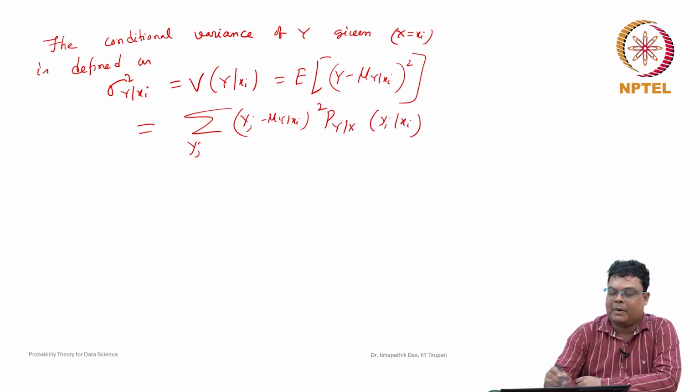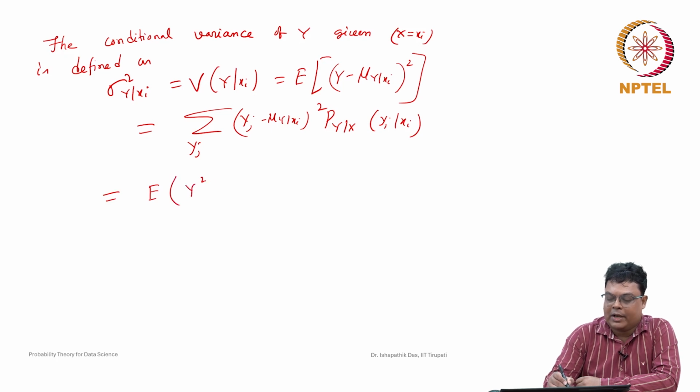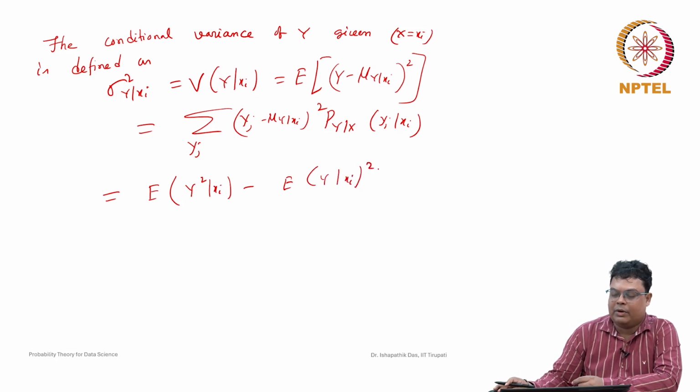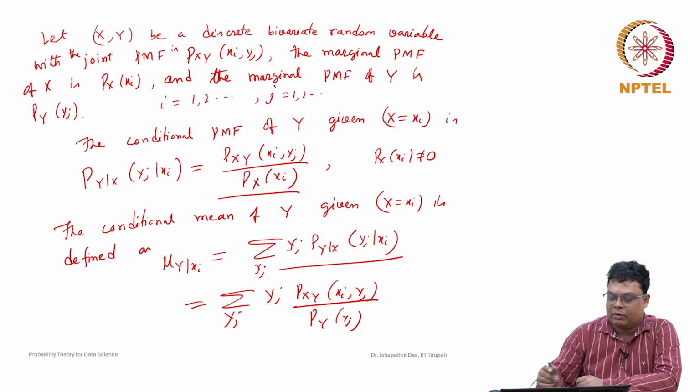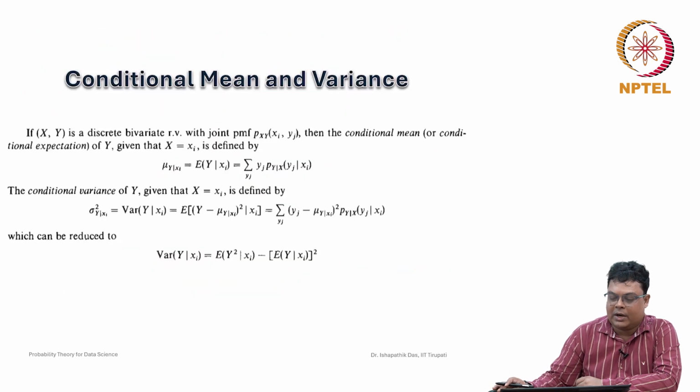It can be simplified as the expected value of Y square given xi minus the expected value of Y given xi, whole square. We did not define the notation, so the expected value of Y given xi is the notation. And what is the expected value of Y square given xi?